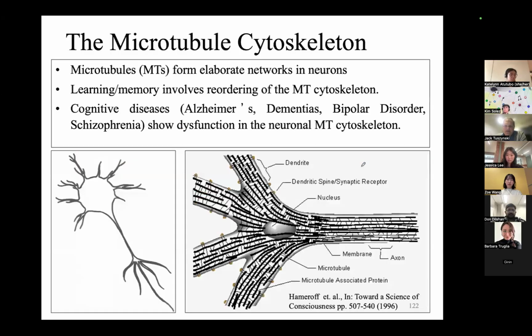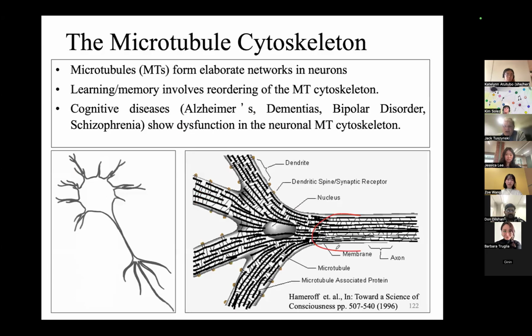But this is basically dividing cells, and in non-dividing cells, in particular neurons, there is a lot of evidence, direct and indirect, of the microtubule cytoskeleton. They form a network with other proteins, such as microtubule-associated proteins, spanning the neuron's length.